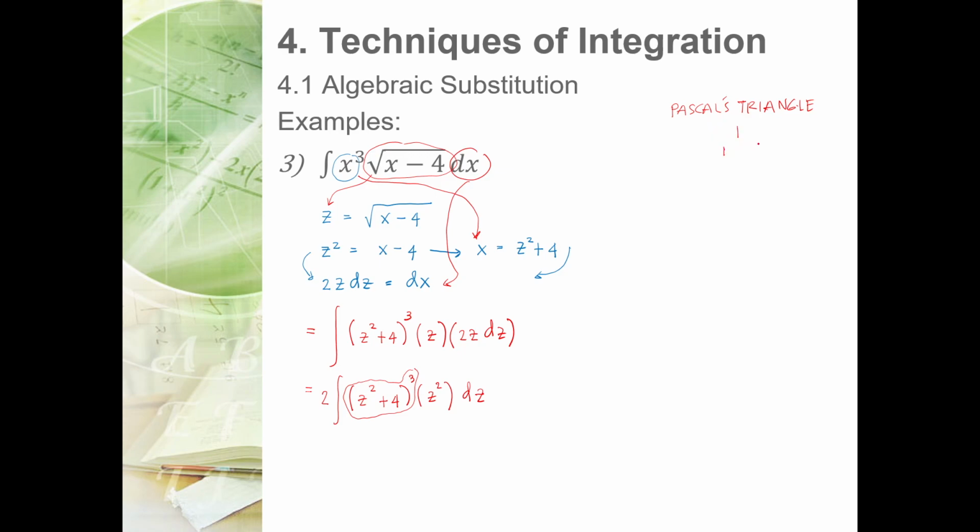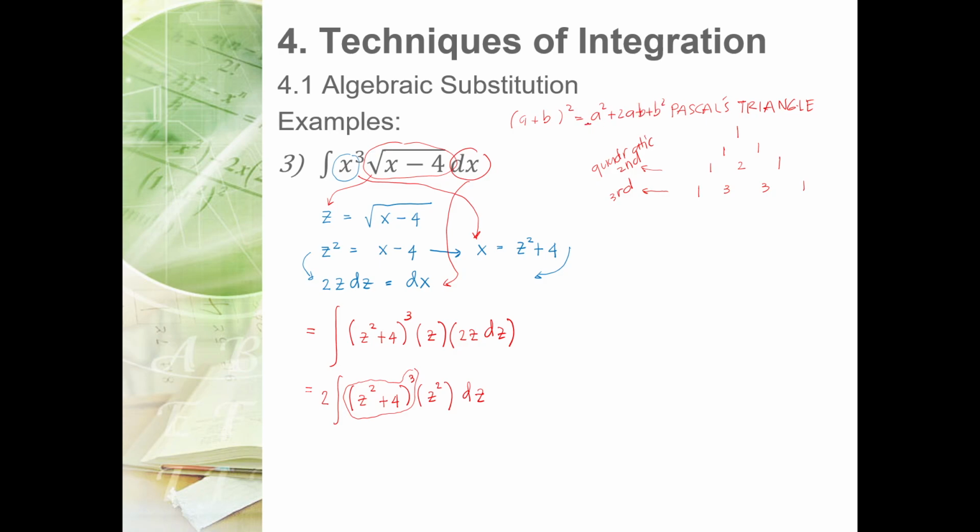So 1, 1, then 1, 2, 1. So this is the quadratic equation or the second degree, right? Second degree. The next is the third degree, I mean the third degree polynomial. Okay? So as you might recall, for the quadratic, for example, a plus b squared gives you a squared plus 2ab plus b squared.